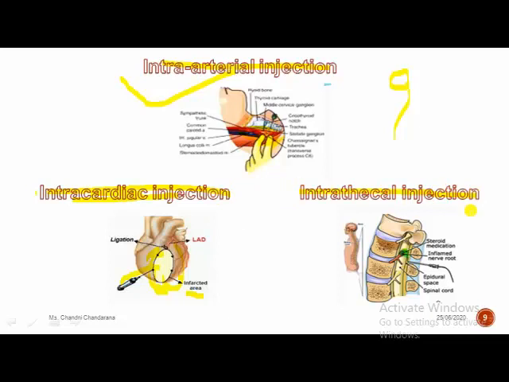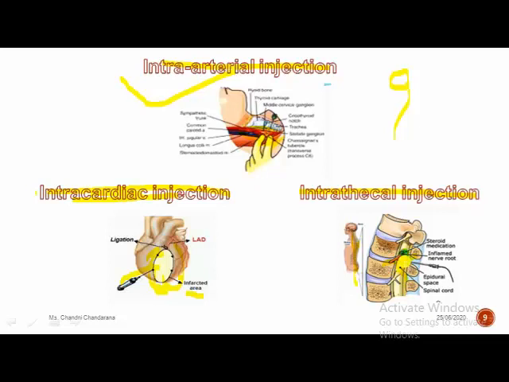intrathecal injection. So where should it be given? You can see this man. This is the spinal cord and this is the zoomed-in structure of the spinal cord. So what is intrathecal injection and where should it be given? It is given here, this is the site. This is the space.